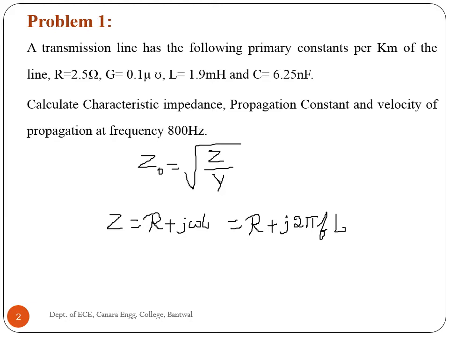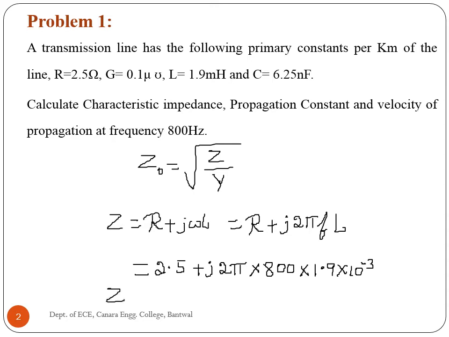When I substitute R, L and f in the above equation, 2.5 plus j 2 pi, f is 800 Hz, L is 1.9 millihenry.